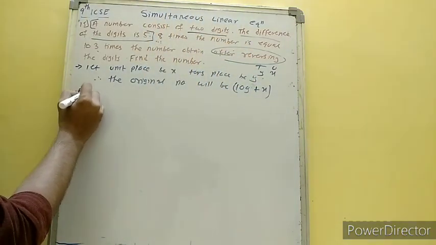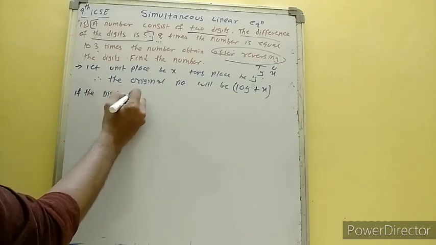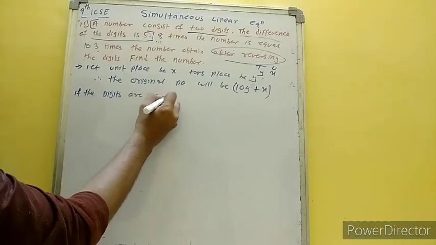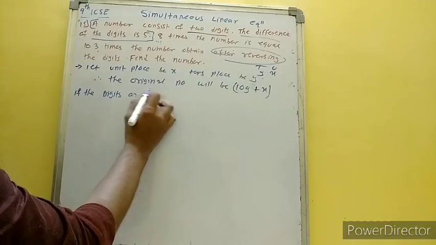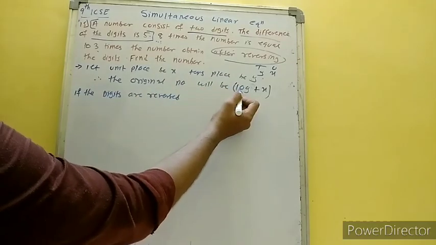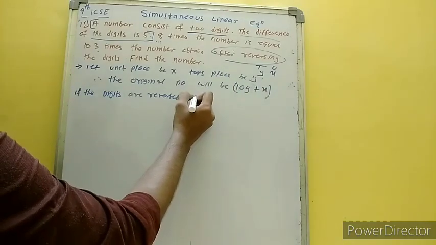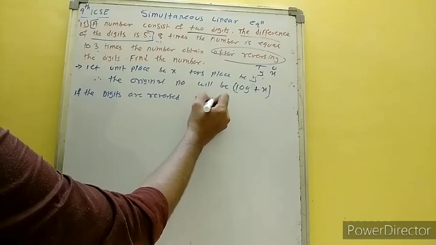Again I will reverse the digit. If the digits are reversed, so this will change. So 10y plus x will be 10x plus y.